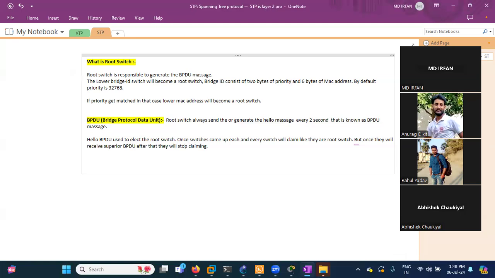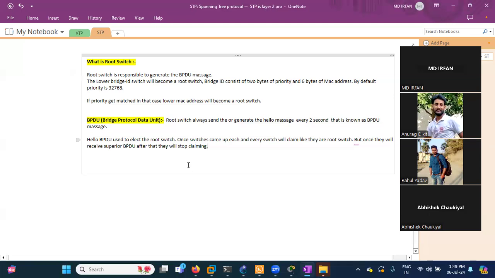Means hello BPDU is used to elect the root switch. Once the switches come up, each and every switch will claim like they are root switch. But once they receive the superior BPDU, they will stop claiming.